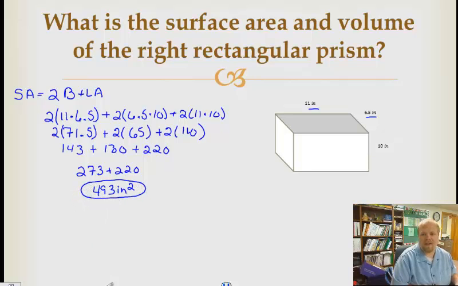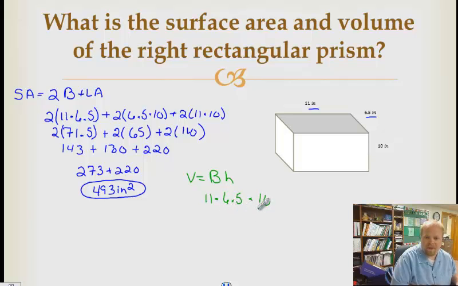Now it's also asking for the volume. Well, volume equals area of the base times the height of the prism. We know from before that the area of the base is 11 times 6.5. So I have 11 times 6.5, and my height is 10.